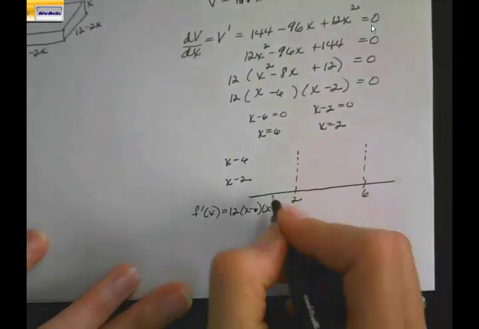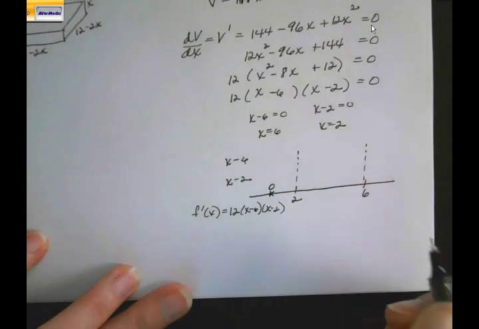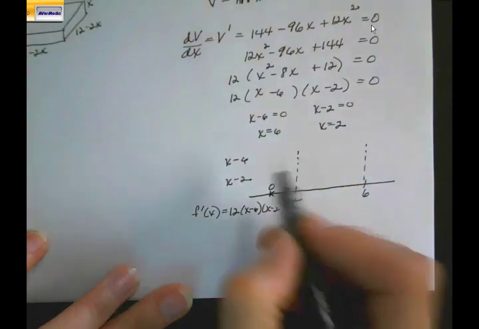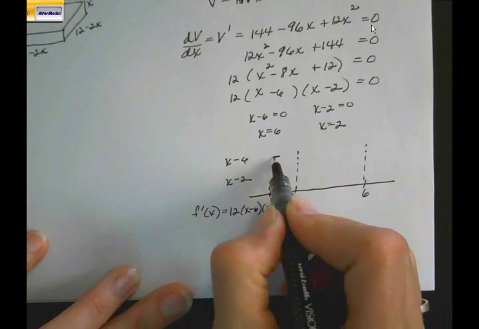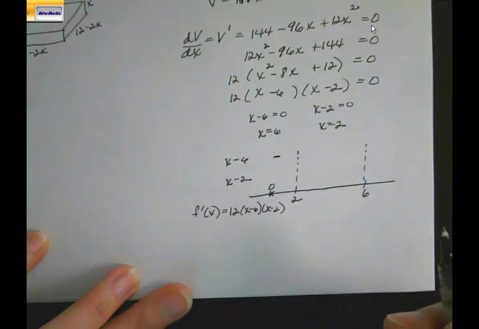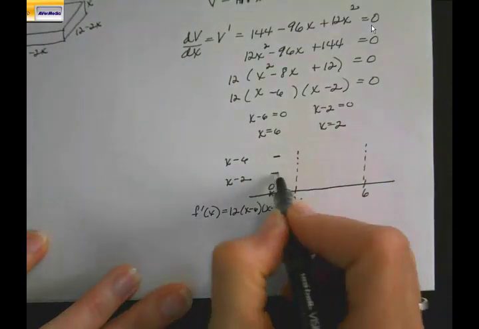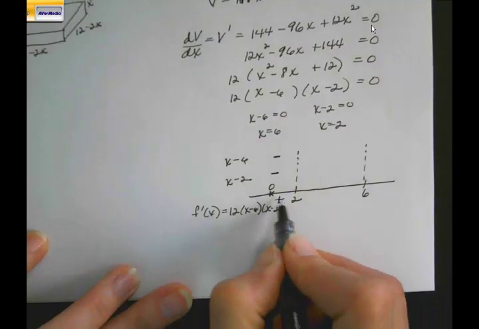And I want to know the sign of the first derivative. If I pick a test point to the left of 2, suppose I pick 0, then 0 minus 6 would be negative 6, which is a negative value. 0 minus 2 would be negative 2, which is a negative, and their product would be positive.